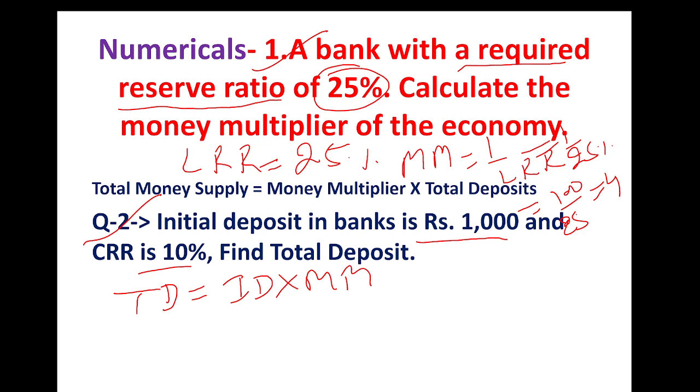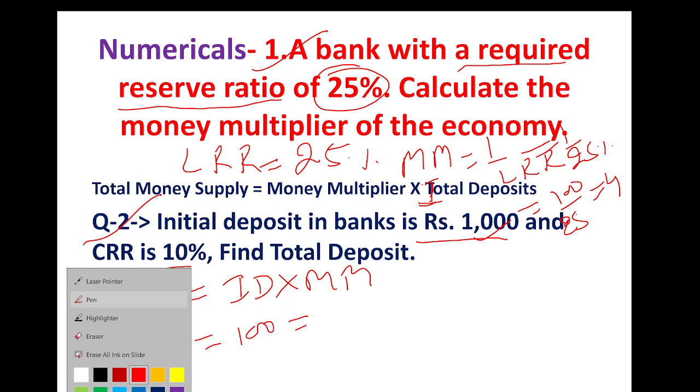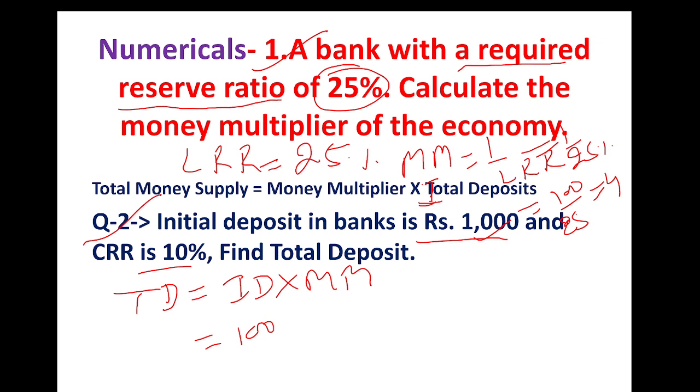Here you can see this is initial deposit, ID. So ID you will see 1000, and MM equal to 1 by LRR.